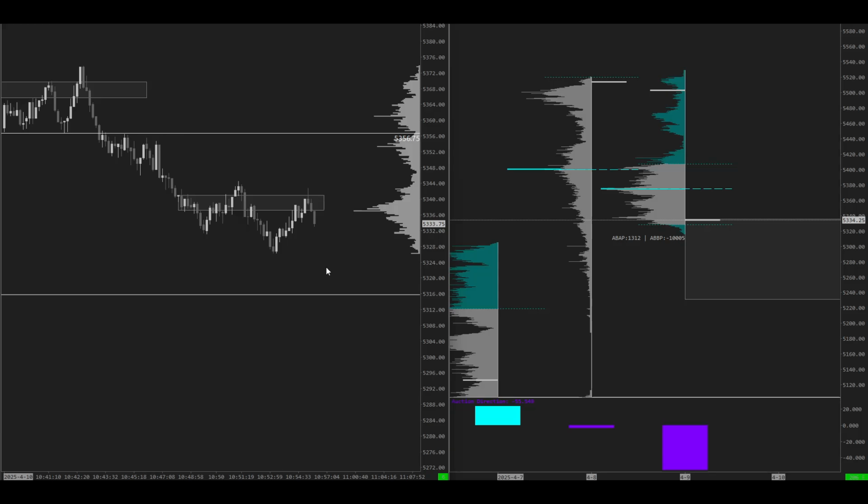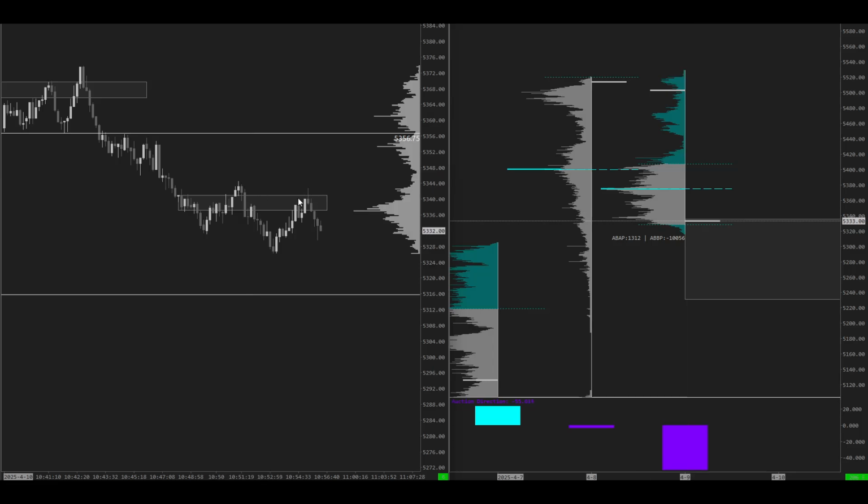That was a pretty nice rejection, a wick above, closing on the lows. Candles aren't as important on the fast moving tick charts, but sometimes they can give us a little something. I don't read into it too heavily, but this is a nice little sequence for it to sell off. Hopefully it does, we'll see.